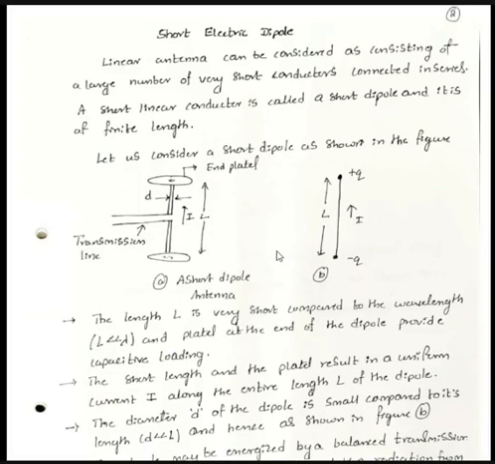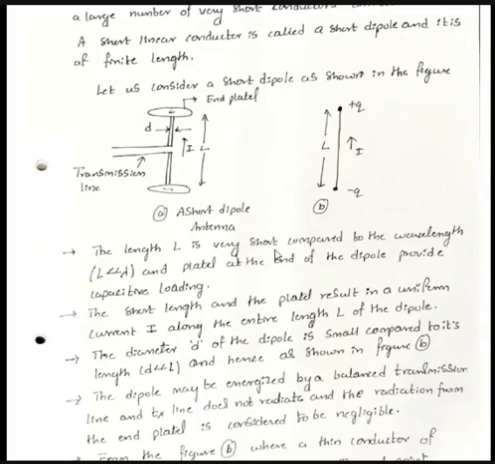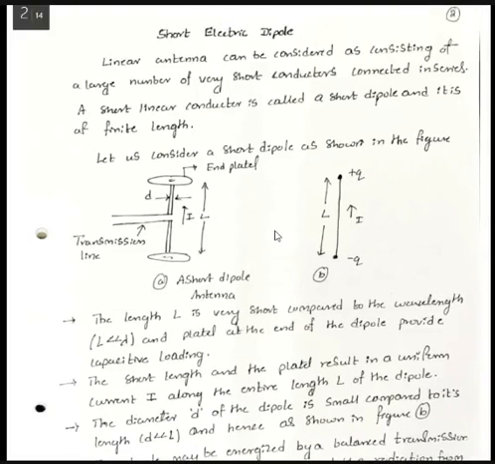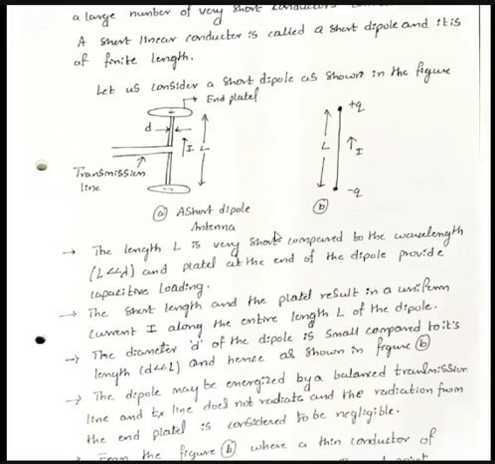Now, what exactly is the idea of this short dipole? According to this short electric dipole, the length L is very short compared to the operating wavelength. That is, L should be very much less than lambda, and the plates at the end of the dipole provide capacity loading.